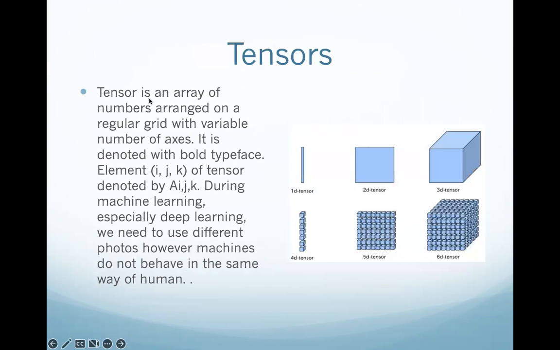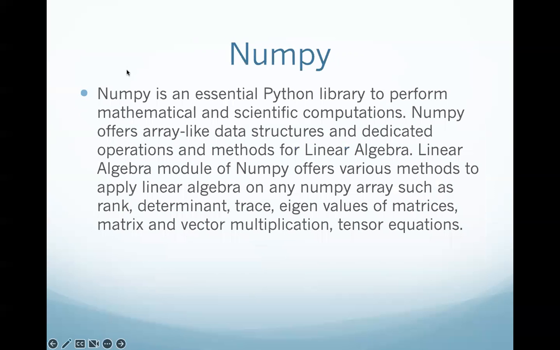Tensors. A tensor is an array of numbers arranged on a regular grid with a variable number of axes. Basically, tensors are the general form of matrices. NumPy. NumPy is an essential Python library to perform mathematical and scientific computations. Basically, we cannot use matrices directly in our coding in computer science.